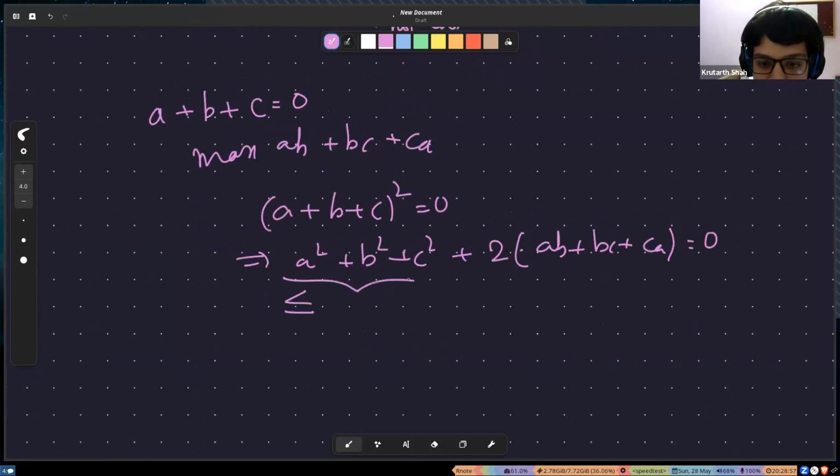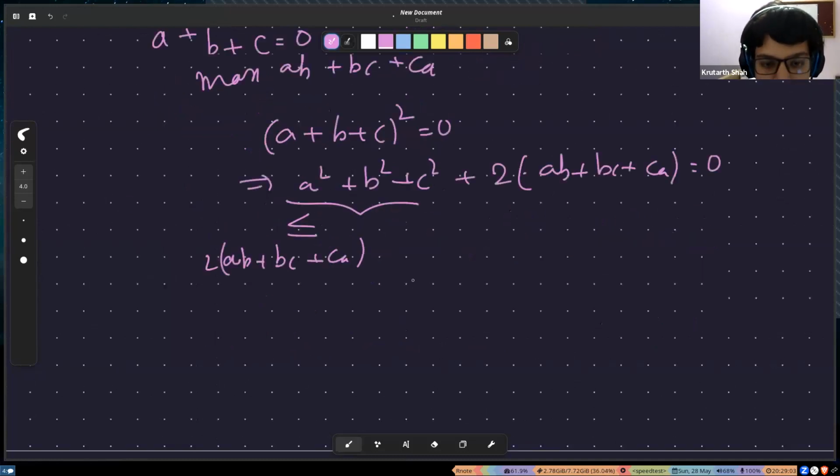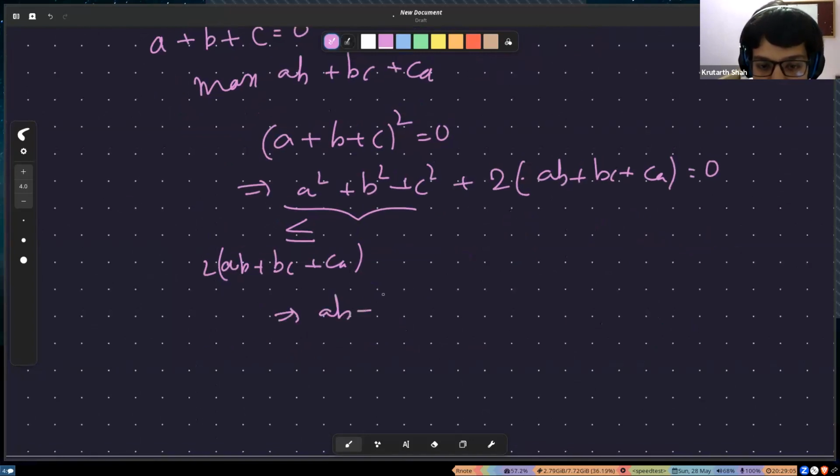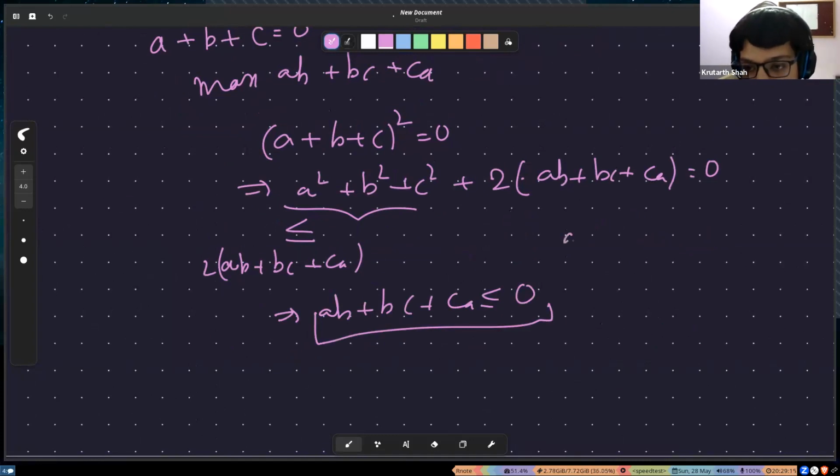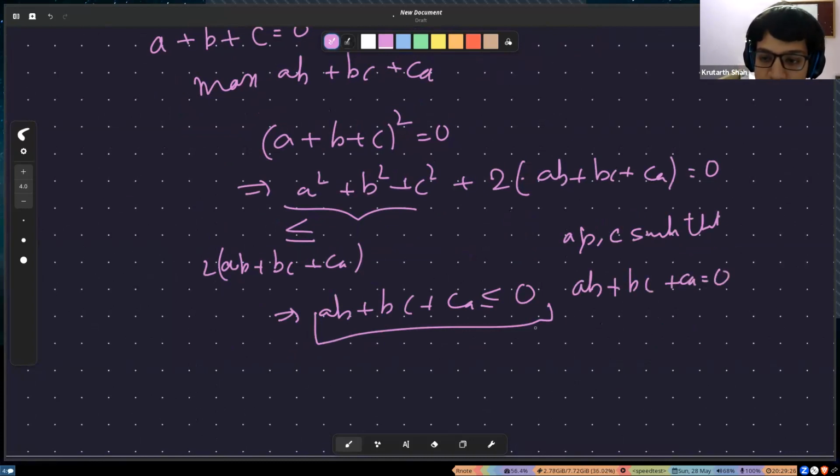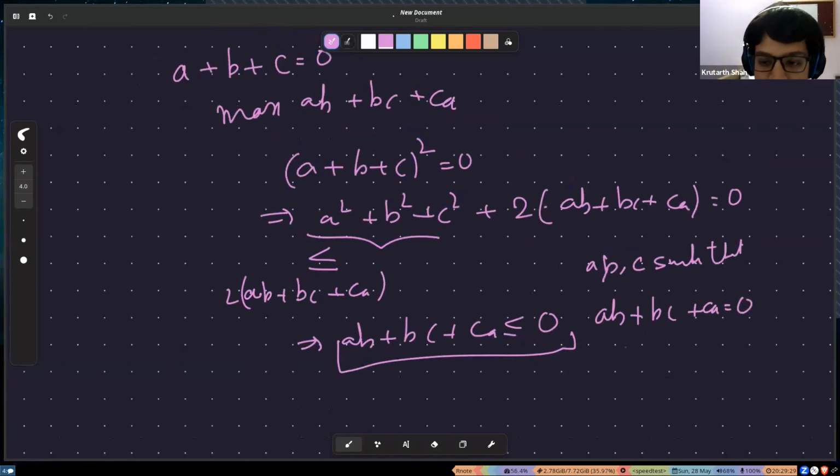Right, and then since this is positive, you get ab plus bc plus ca is at most 0. But you have not shown that this is the maximum value. You also have to find such a, b, and c such that ab plus bc plus ca is indeed equal to 0.